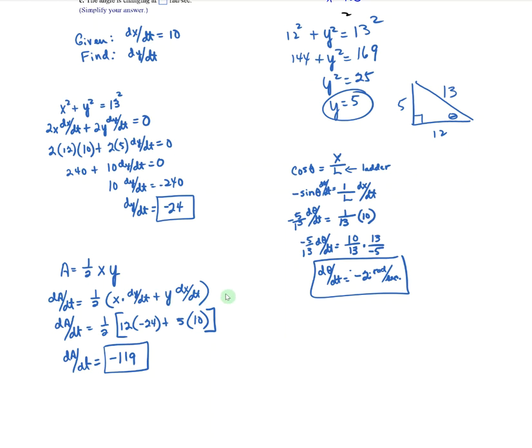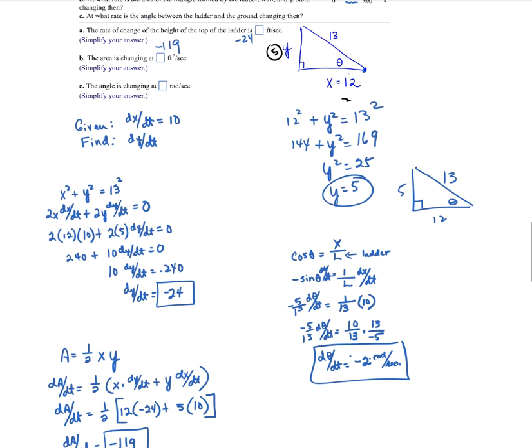At this point, we can plug in what we have. dA/dt is 1/2, x is 12, dy/dt is negative 24, we found that, plus y is 5, dx/dt is 10. So you get this number and then you take half of it, you're going to get negative 119 is dA/dt. All right, last part.